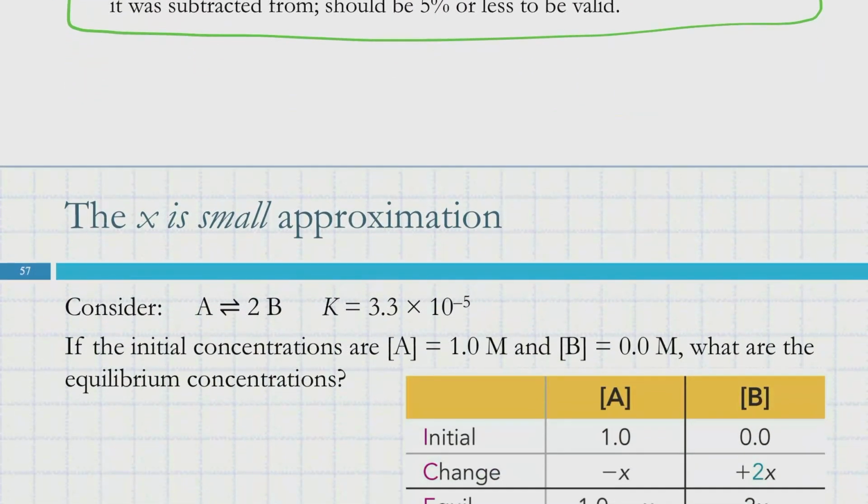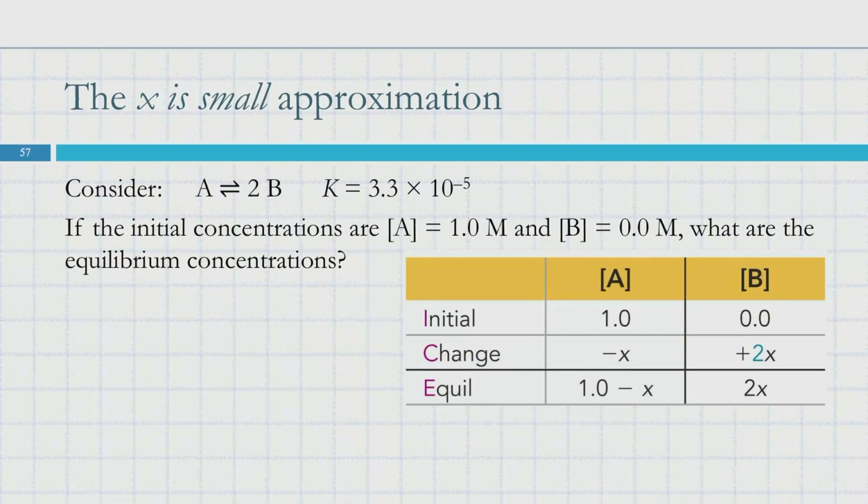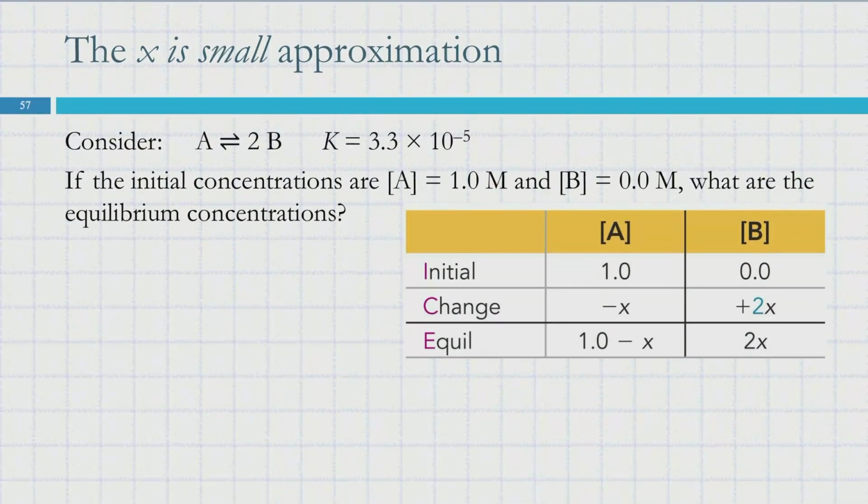So using that x is small approximation, consider this generic equation, A in equilibrium with 2B. We've got a K value given. If our initial concentrations are 1 molar and our concentration of B is 0 molar, what are the equilibrium concentrations?